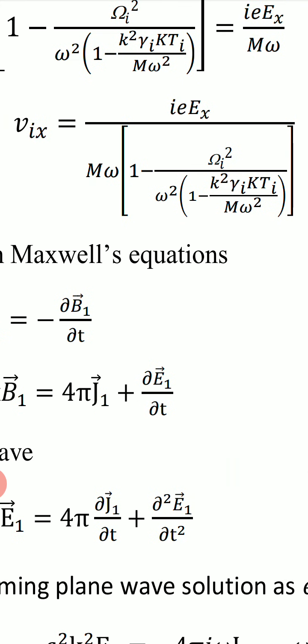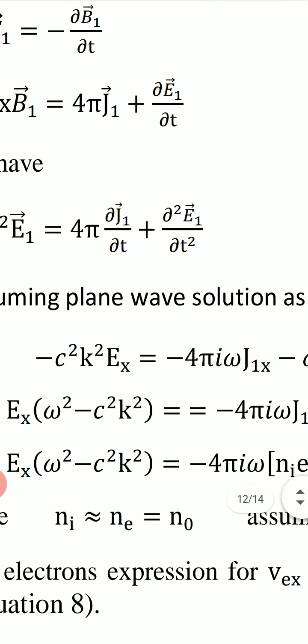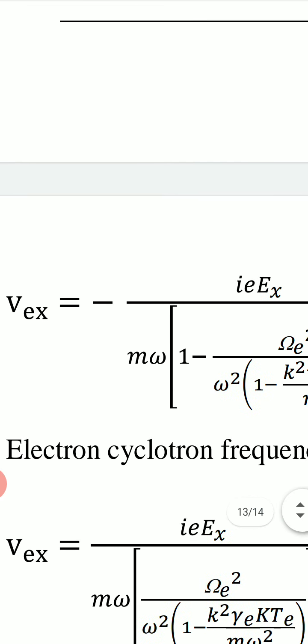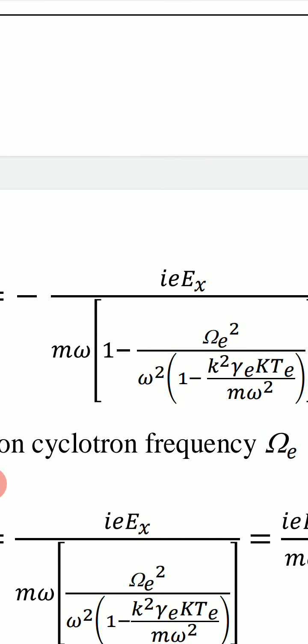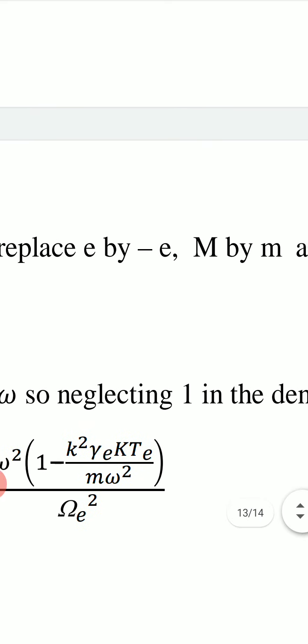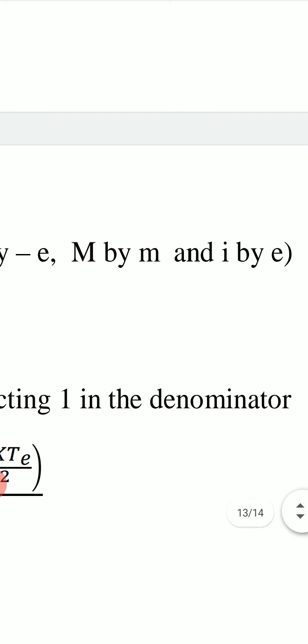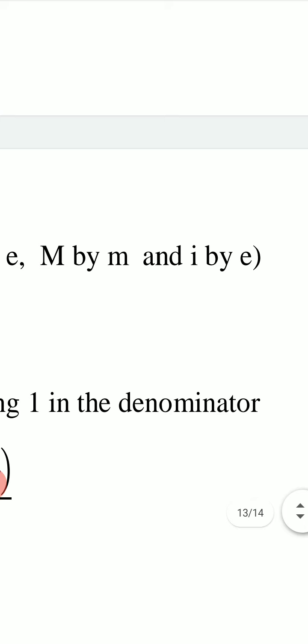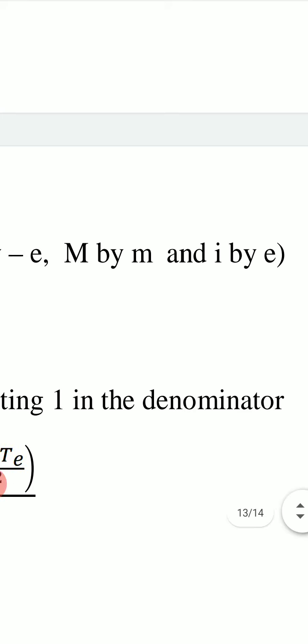In a similar manner, we can find the x component of electron velocity, that is Vex, and write Vex equal to minus i e Ex. This is obtained by replacing e by minus e, capital M by small m, and i by e. The subscript i is for ion, for which we write e, that is for electron.